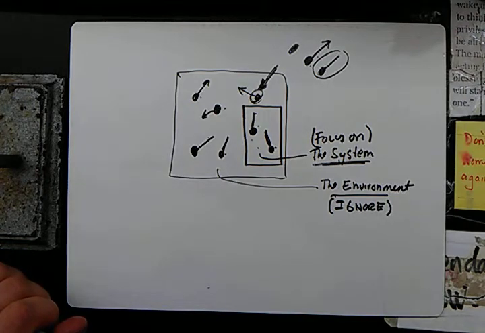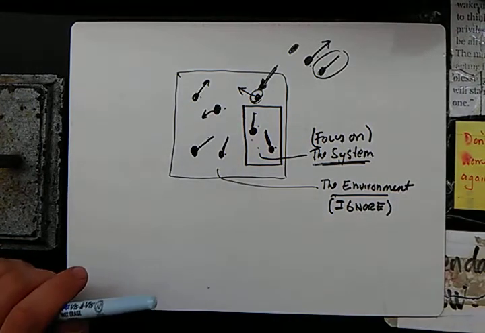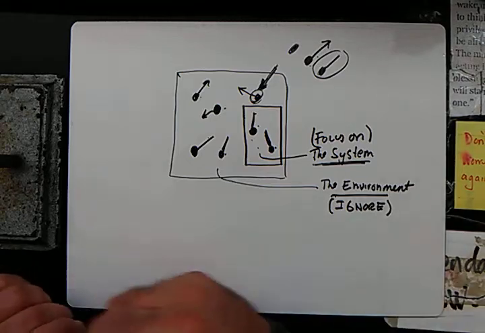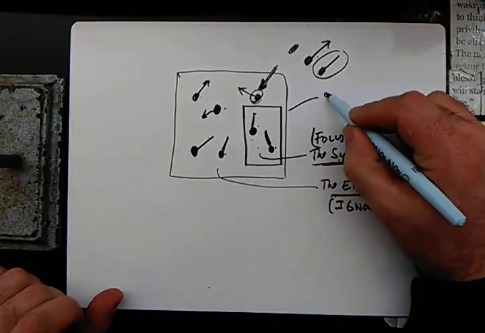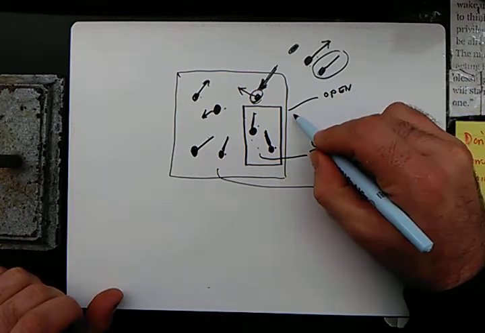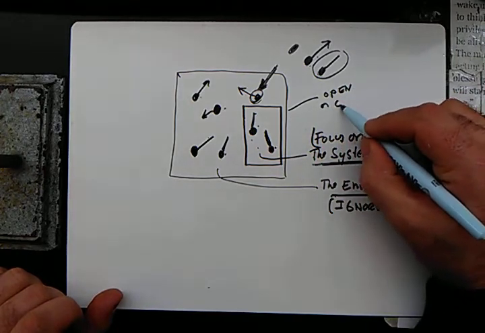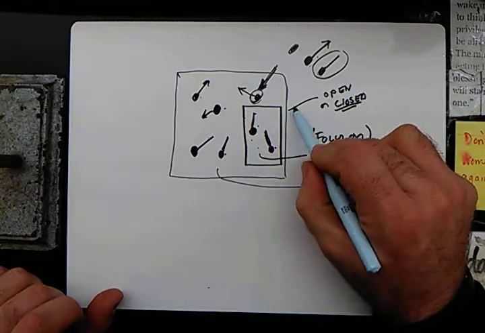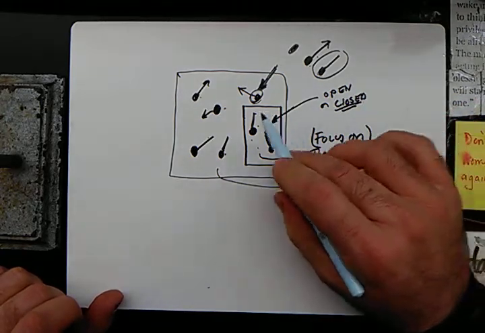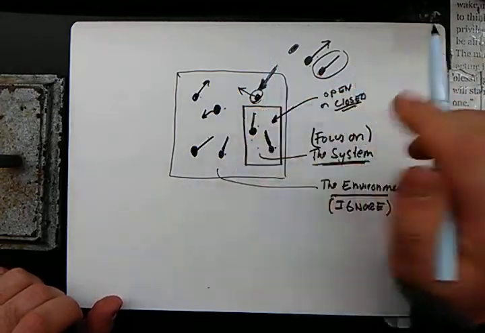All right, so we're going to ignore the rest of this stuff and focus on just the system. So furthermore, we can call this system that's boxed in either open or closed. We're going to be working with a lot of closed systems, which means we're just looking at these two objects.